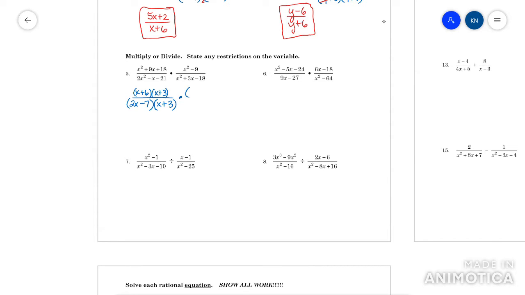This top over here is difference of squares. And the bottom's a trinomial. And then same thing, you just want to cancel your binomials that are identical. So when it's all said and done, you get x plus 3 over 2x minus 7.